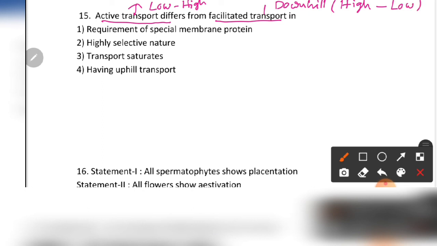Except for this, all are the same. So the answer is uphill transport. These three statements are common to both active and facilitated transport, but the fourth one differs. So the answer is the fourth option.